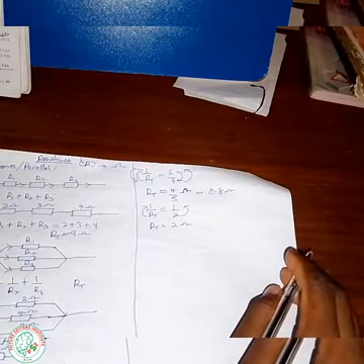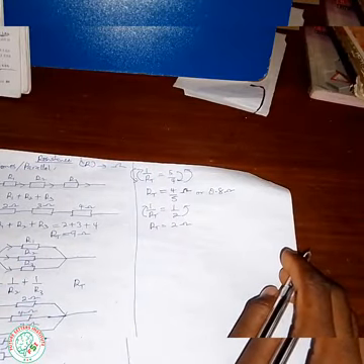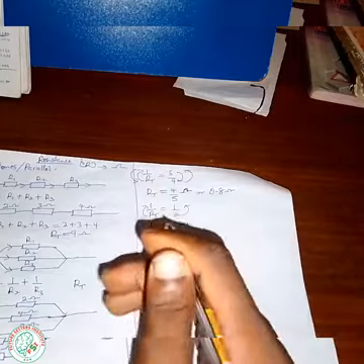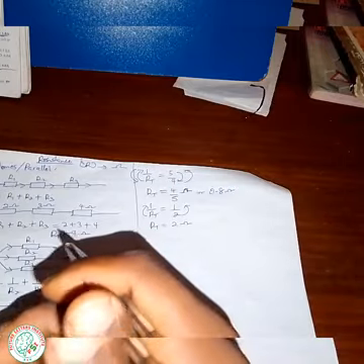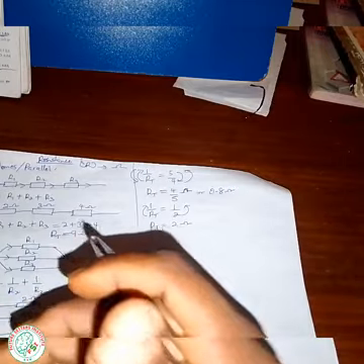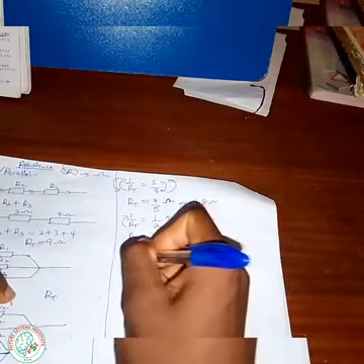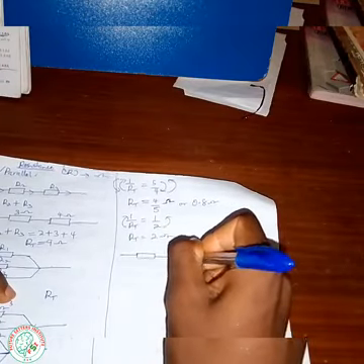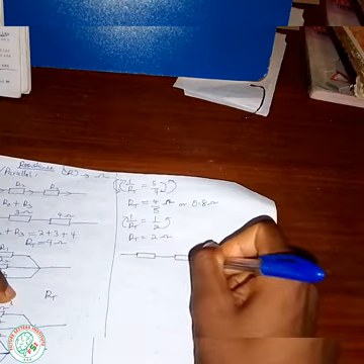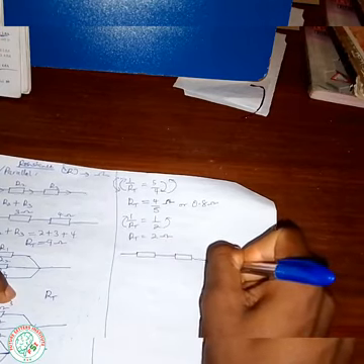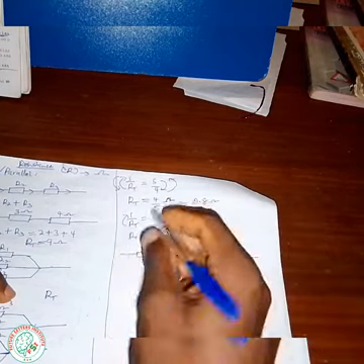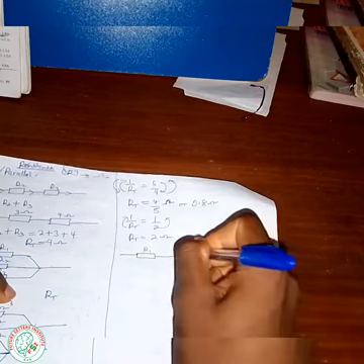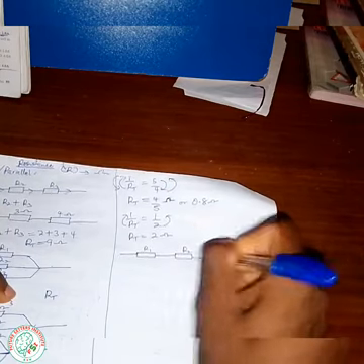Then another aspect we are going to look into now is how we are going to harmonize or improve on our knowledge of series and parallel connections. Now, these are the series connections we drew before. In this series connection, I'm going to develop it more. So this is R1, this is R2, this is R3.